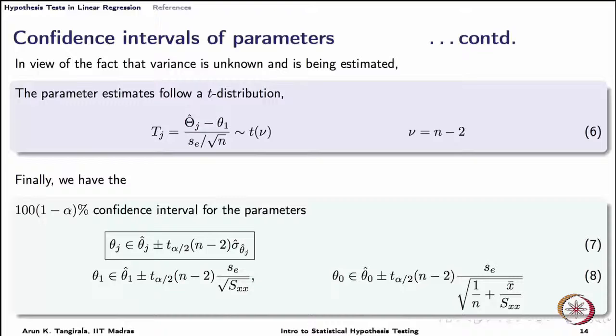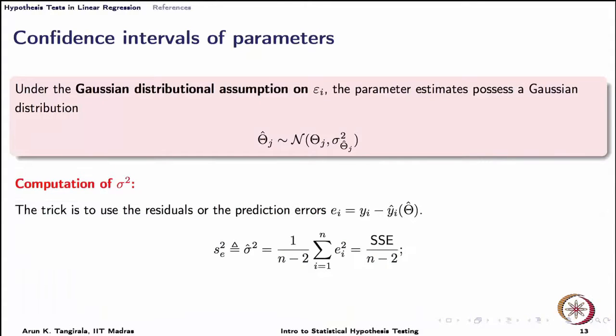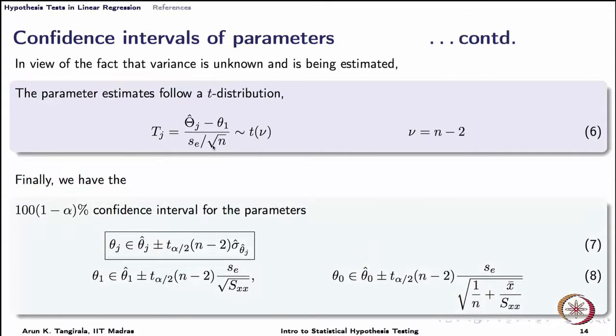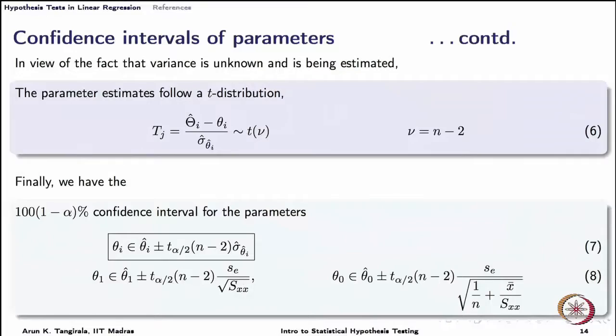We construct a t statistic, theta hat minus theta hat I, whatever j or I, divided by S epsilon over root n, which follows a t distribution with n minus 2 degrees of freedom, because this S epsilon has n minus 2 degrees of freedom.